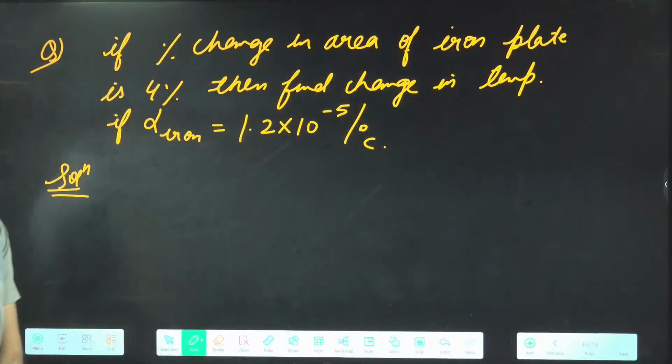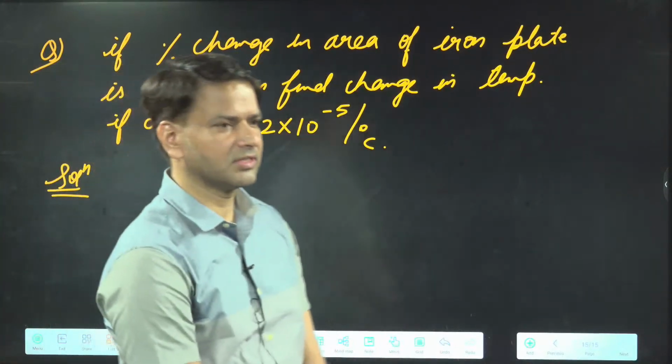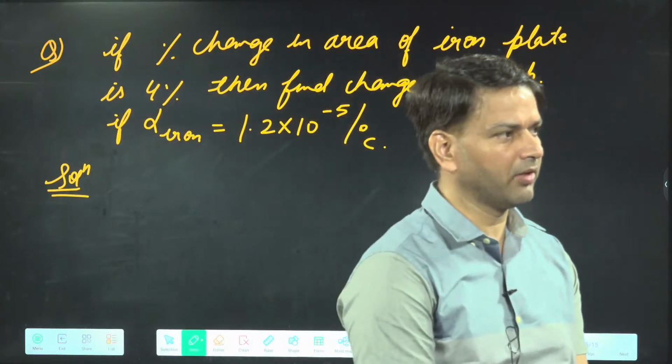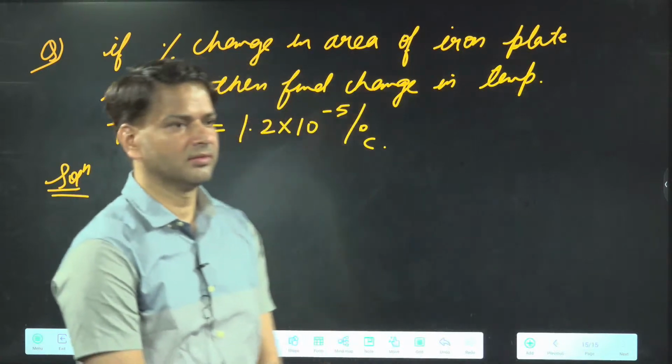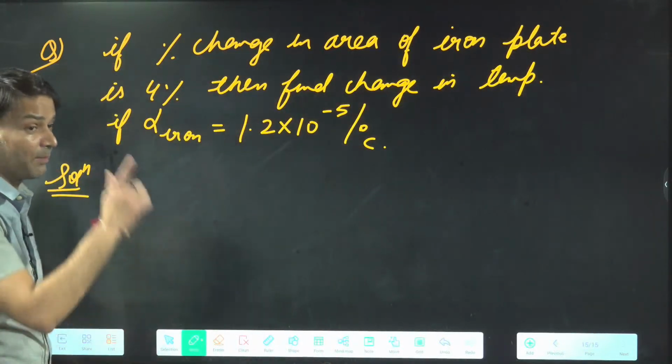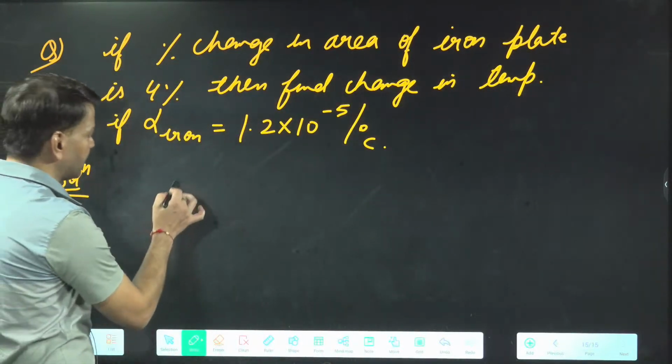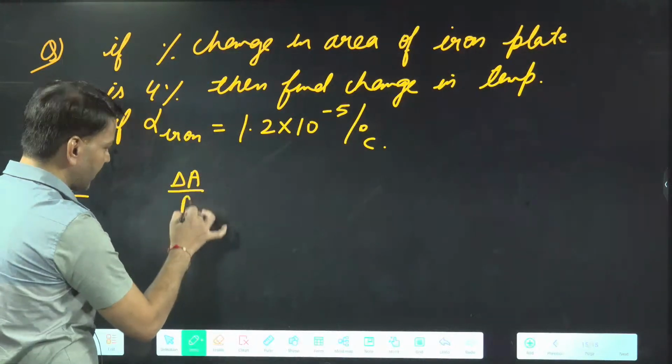I have given the percentage change. So percentage change in the area means delta A by A into 100.